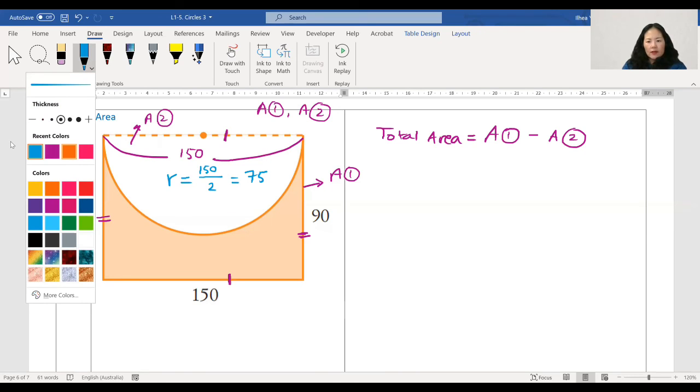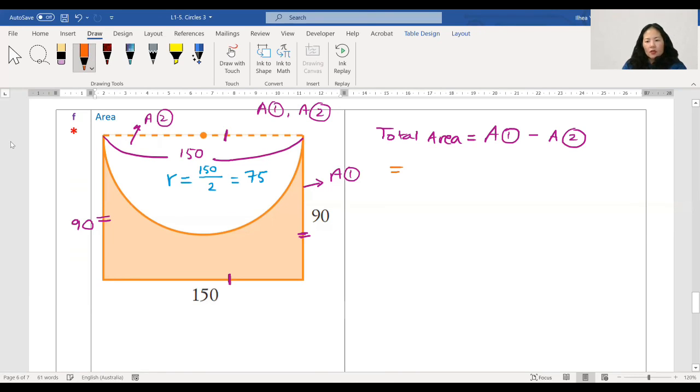So total area, I'm going to go with area 1, which is a rectangle, just base times height. So base times height, I'm just going to write the formula. Take away the semicircle, which is pi r squared divided by 2 because it's a semicircle. Now we're going to put in all the numbers.